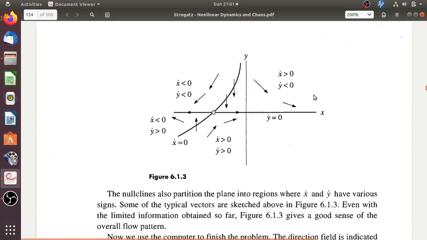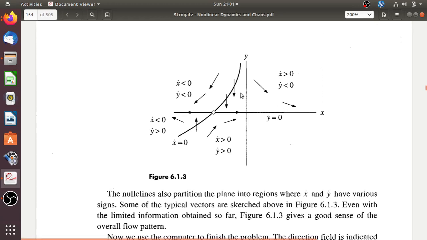So maybe if my initial condition, the state, is close to this line, maybe it will be more in the horizontal direction. If it's along this line, maybe it will be more along the vertical direction.